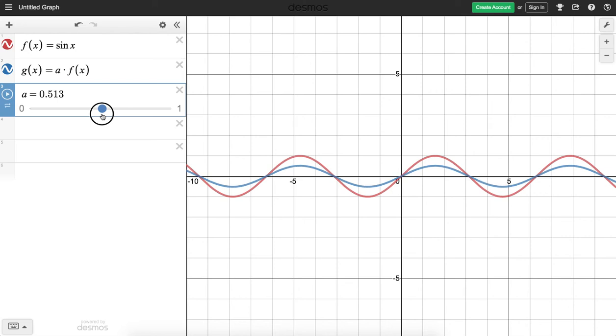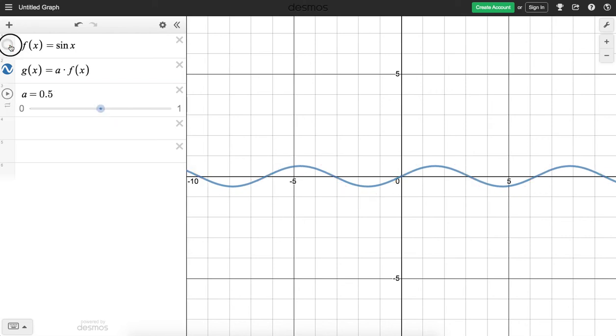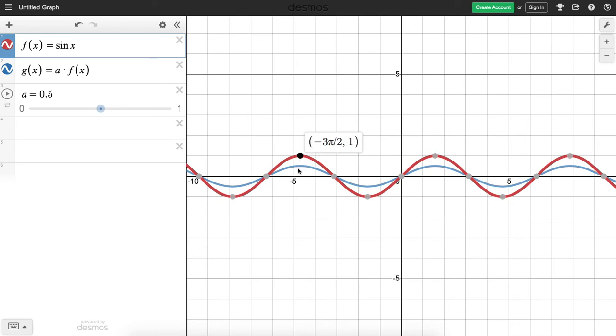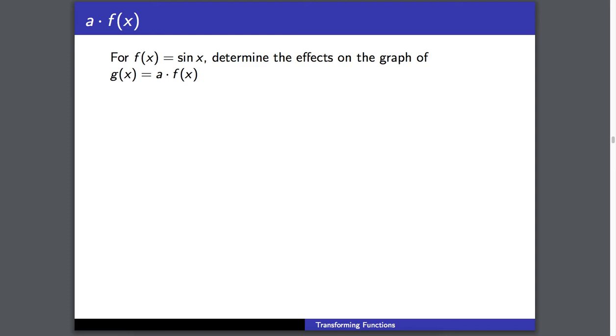So here we have the graph of 1/2 sine of x in blue. Now our y-coordinates are twice as close to the x-axis as they used to be for this 1/2 times the sine of x.